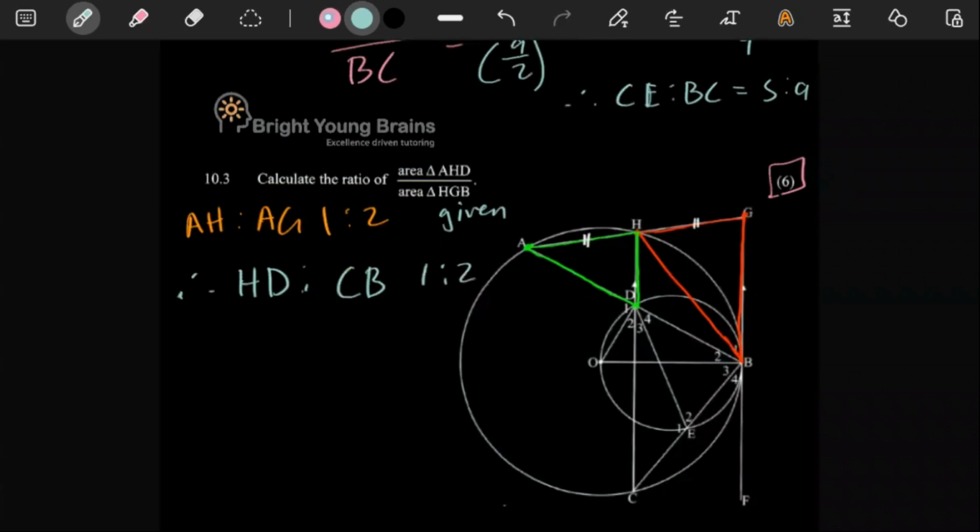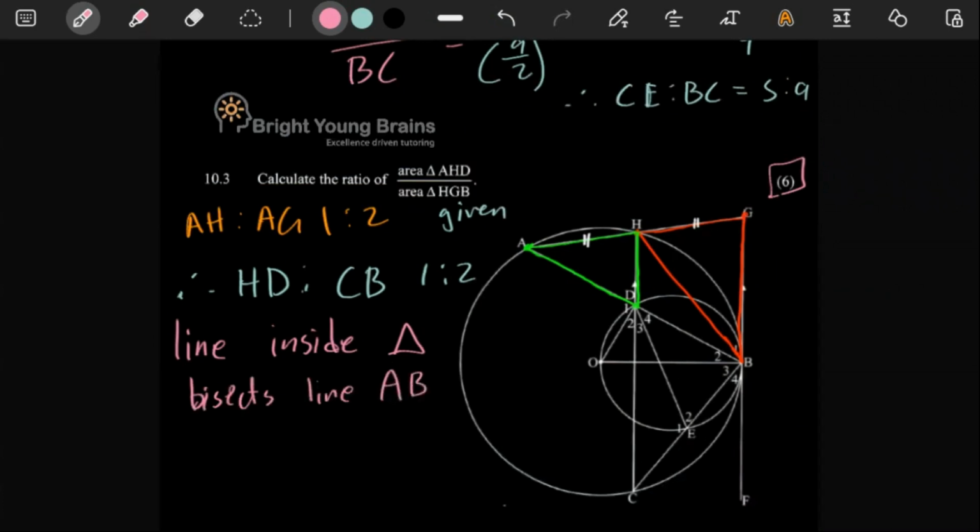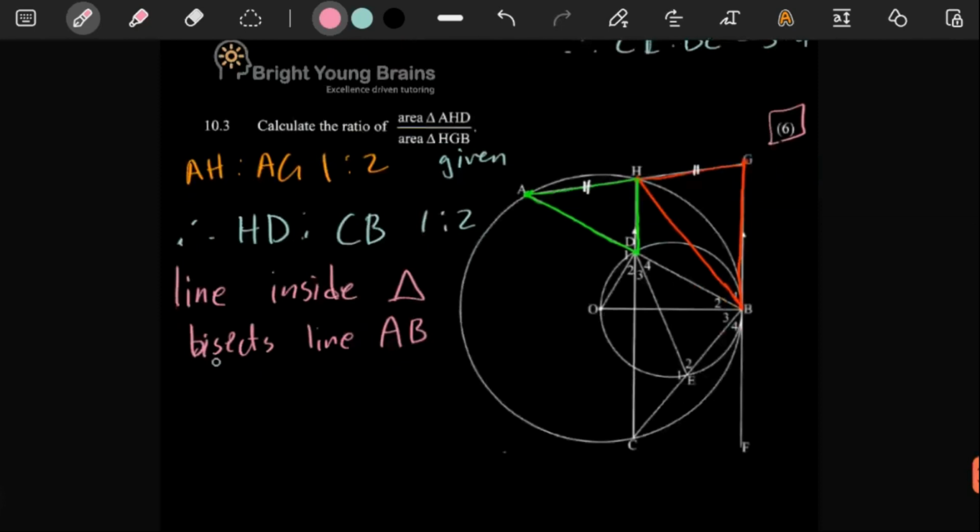The reason for that is that a line inside the triangle bisects line AB, and the ratio between AH and AG is 1 to 2.